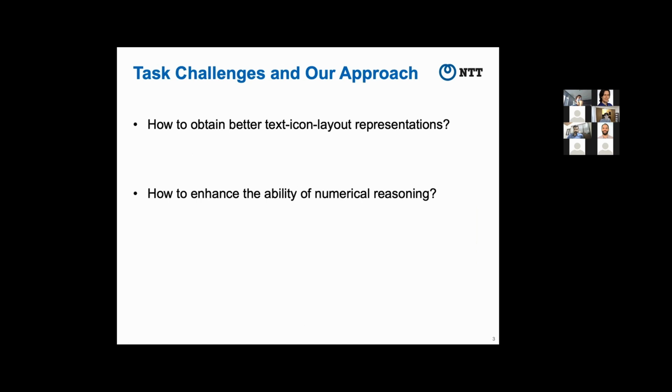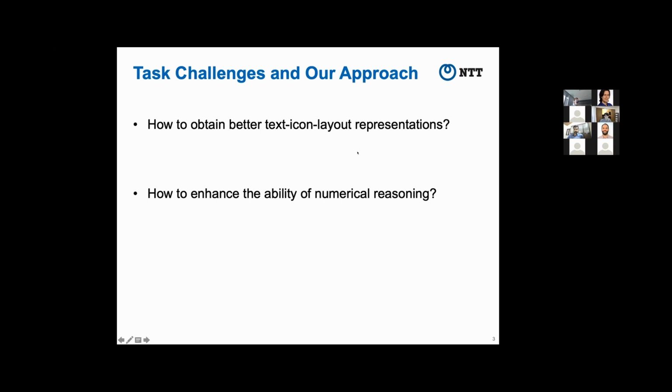To solve this task, we think there are several challenges. The first one is how to obtain better text-icon-layout representations. The formats of infographics are varied, and our preliminary experiments have shown that it is difficult for a model trained only on the Infographic VQA dataset to obtain enough infographic representation to perform this task.